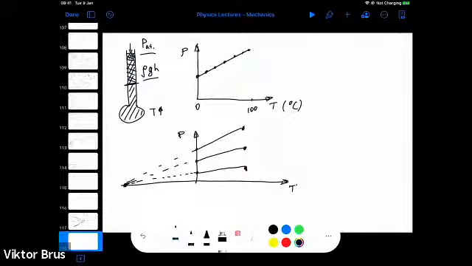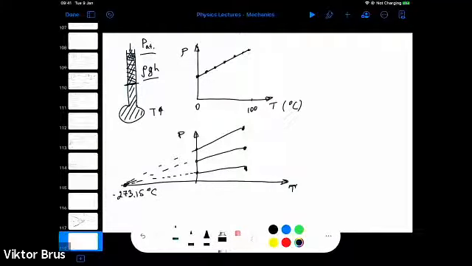There will be zero pressure inside the system. And this is minus 273.15 degrees Celsius. So this is some special temperature. Why is it so important? Because this is the minimum temperature which can be achieved.